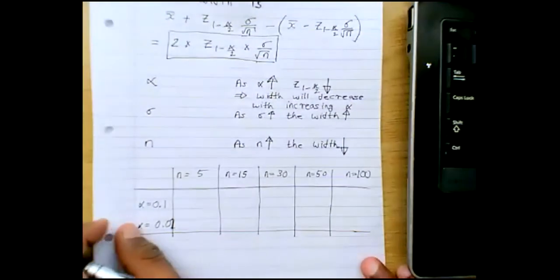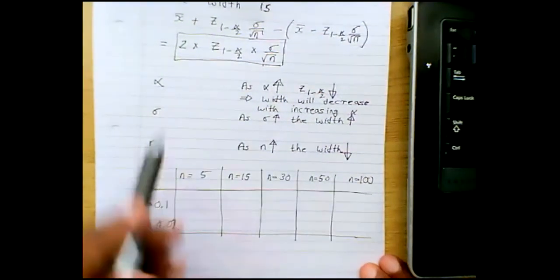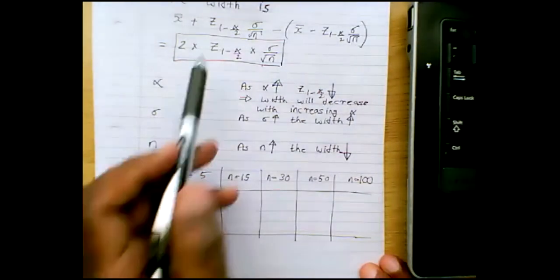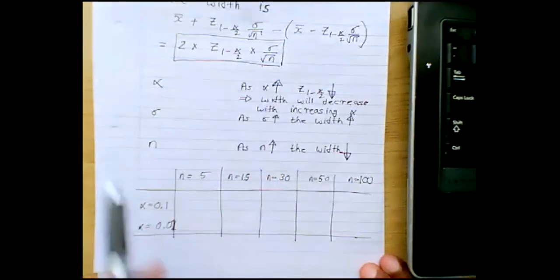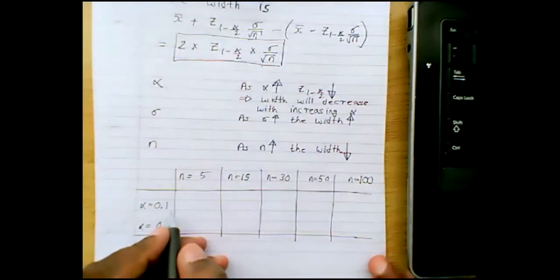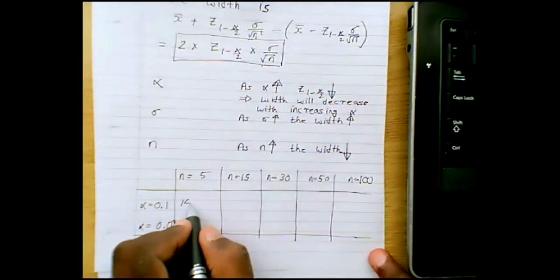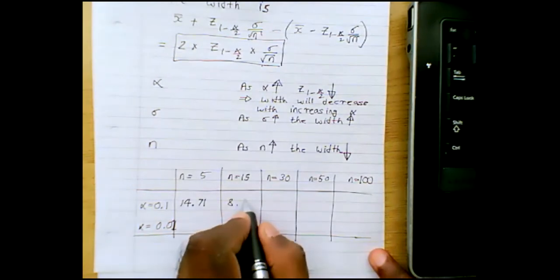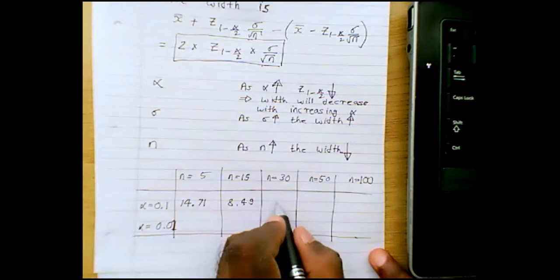Now, in this table, what I'm going to give you are the values of this. For each combination of n and alpha, I'm going to compute this. If you do the math, if you have a calculator with you, you can do this quickly. This is what you will get.